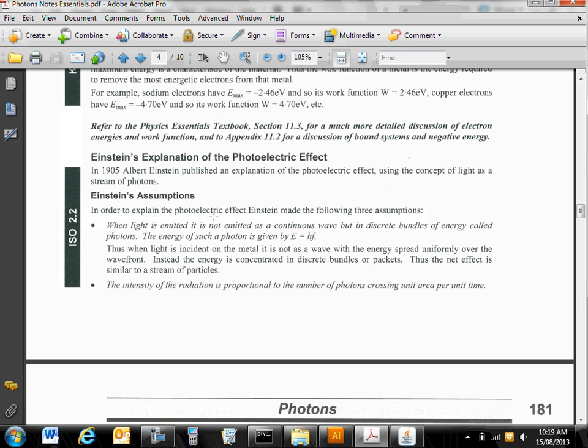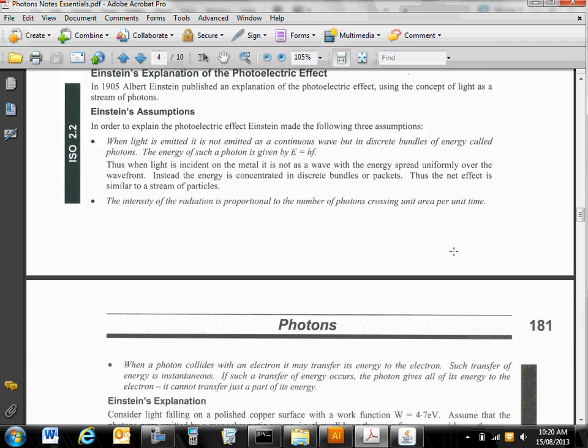Remember, they are not particles as such. These are his assumptions. When light is emitted, it is not emitted as a continuous wave, but as discrete bundles of energy called photons. They behave such that their energy is equal to Planck's constant multiplied by their frequency. The intensity of the radiation is proportional to the number of photons crossing a unit area per unit time.